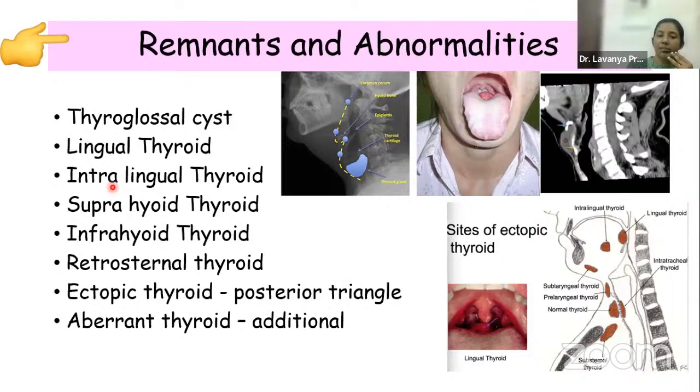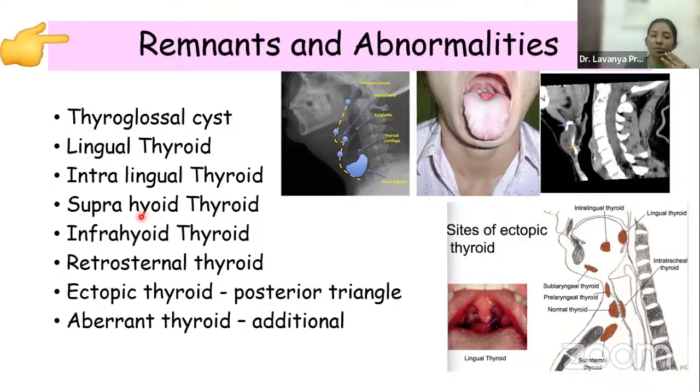Next, we have the intralingual thyroid. If the thyroglossal duct descends, but the bilobed structure ends up forming within the substance of the tongue, then we call it intralingual thyroid.